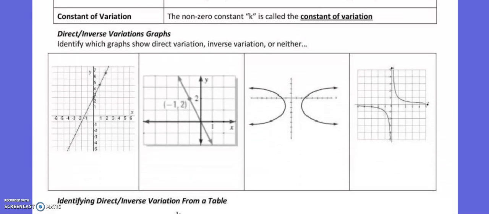Take a look at some graphs, and we're going to identify which one shows a direct variation, inverse variation, or neither. So here we have our first graph. It is definitely a line, and it does not go through the origin. Is that a direct variation, inverse variation, or neither?